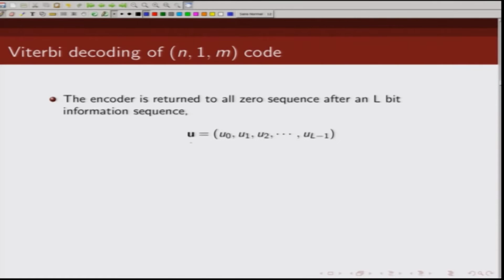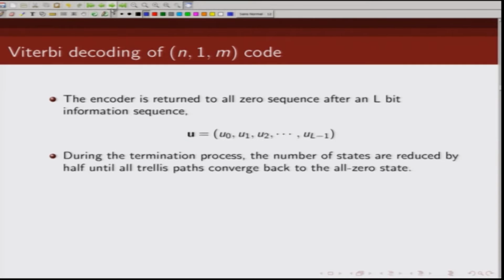If you have an information sequence of L bits denoted by U, U0, U1, U2, up to UL minus 1, where these are zeros and ones, then during the termination process, because we are trying to bring it back to all 0 state, the number of states gets reduced by half until all the trellis paths converge to the all 0 state.